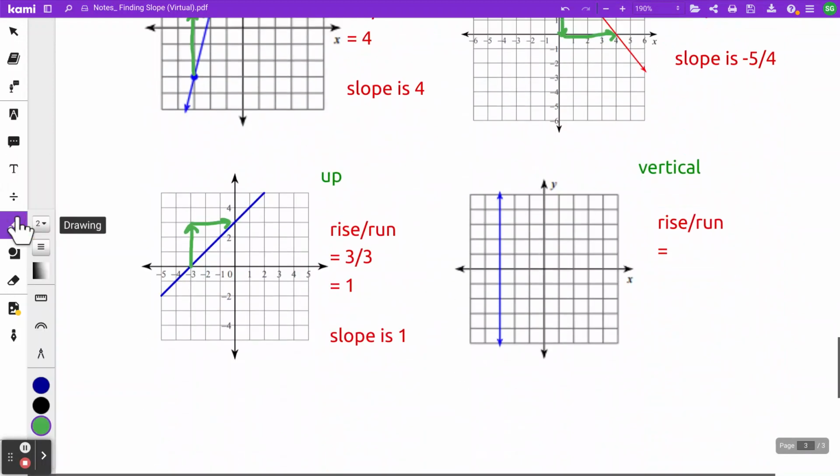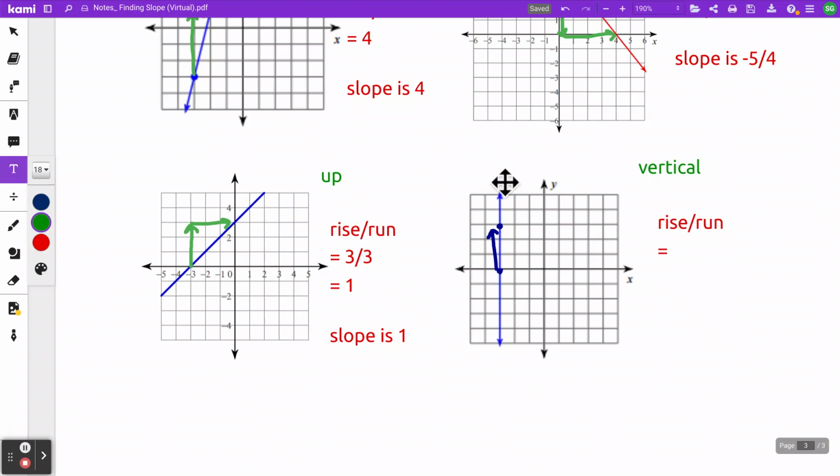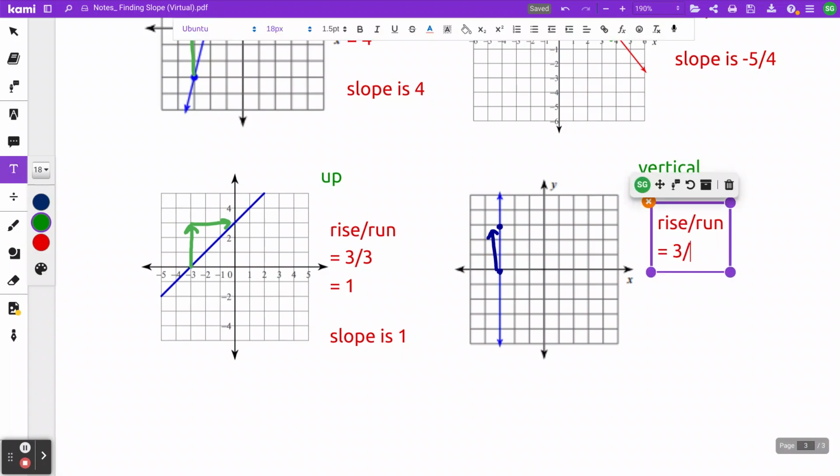If I pick 2 points on this line, so maybe I choose this point and this point, I would have to rise 3 boxes. So I would have a number for the rise, but the run, to get from the first point to the second point, I don't need to move sideways. Remember, you're not counting back to 0. You're just counting from the first point to the second point. So here, I wouldn't need to move at all, left or right. So that would be a 0 here.